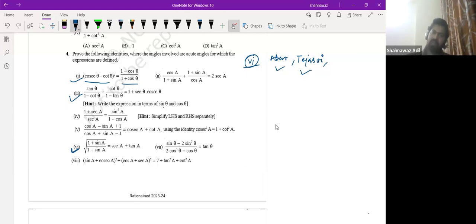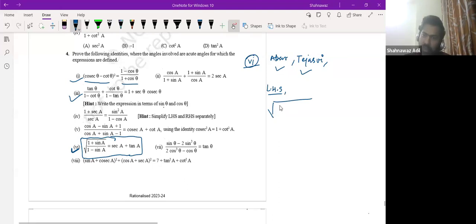So what is the idea of this question, Amira? What is the basic idea of this question? Whenever you see a fraction, you have to rationalize, right? So if we take the LHS, this is 1 plus sine A over 1 minus sine A. How will we rationalize it?